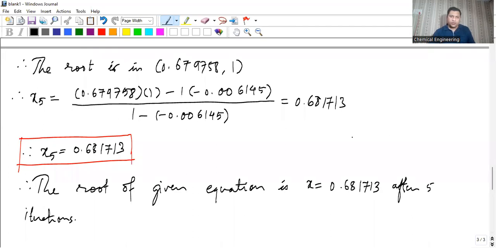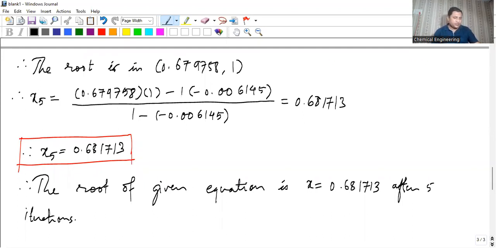So here, if you try to calculate the value of the function, we'll get the value of the function closer to 0 as compared to the previous root. You can even check this.